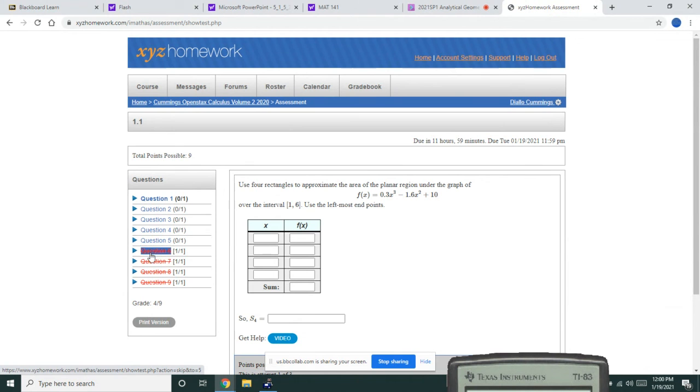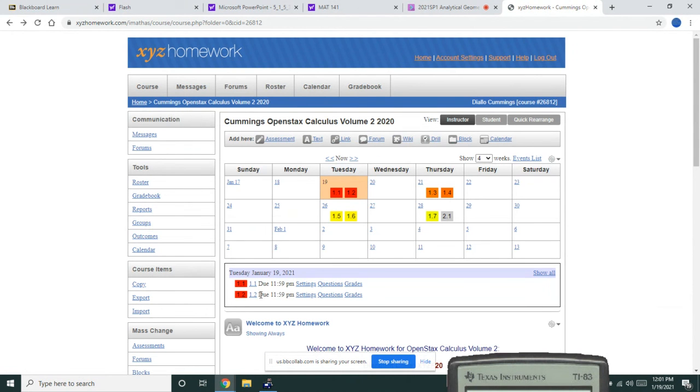These problems deal with 30 and 40 rectangles, which is a little bit absurd to do, so I have taken those 4 problems out. Everything in the section 1.2 homework looks to be just about right. Even though these assignments are set to be due at 11:59, they still will remain open after the due date.